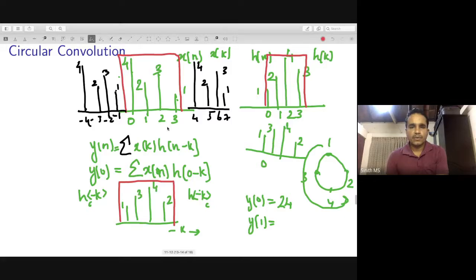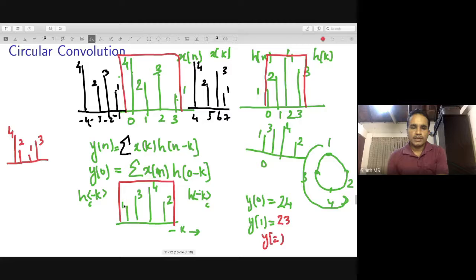19 plus 4, 4 into 1, 23. So this is 23. What about y of 2? You again do shifting by a factor of 2. So what you will get is 4, 2, 1, 3, right? 4, 2, 1, 3.